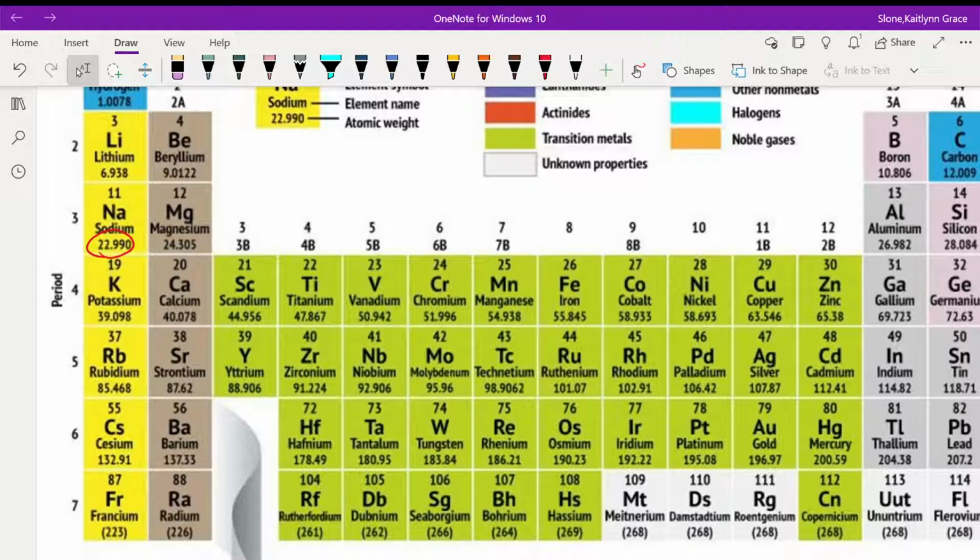It might have 12 electrons out in the wild. So there are so many different variations of sodium out there, but it's still sodium. And so what scientists did is they took the weight of all the different variations of sodium they could find, grouped it together, and did an average of all of them. And that is the number that you see in the official periodic table, the average that you see.